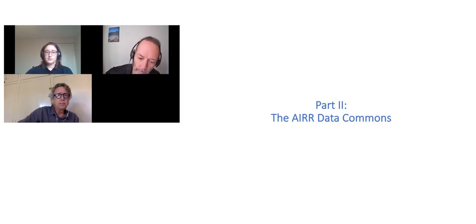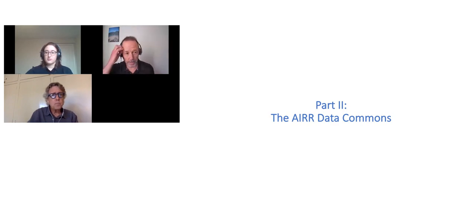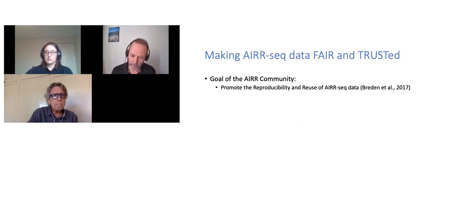Thank you, Felix. So I'm going to talk about the AIRR Data Commons. One of the goals of the AIRR community, in the initial paper published around the establishment of the community, was making sure that AIRR-seq data was reproducible and reusable.